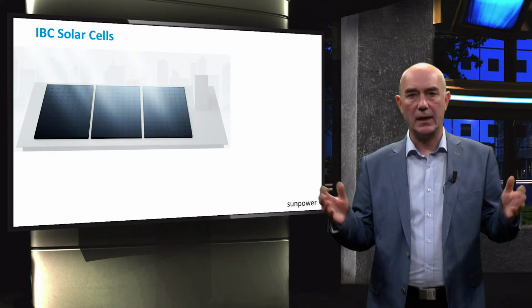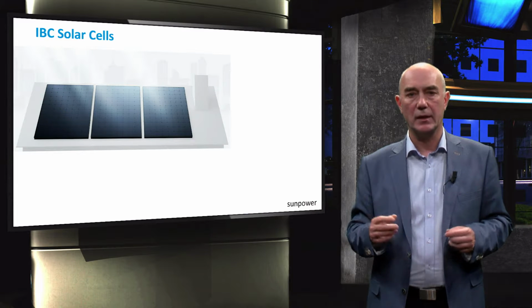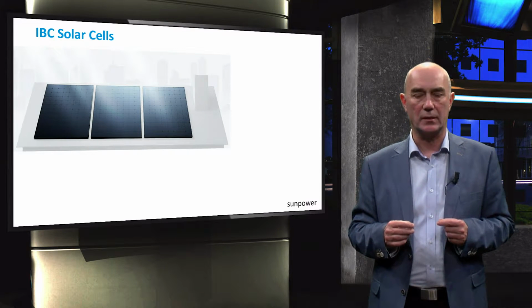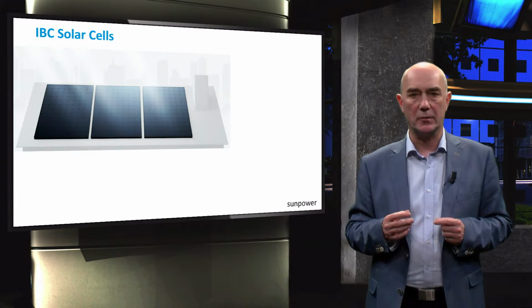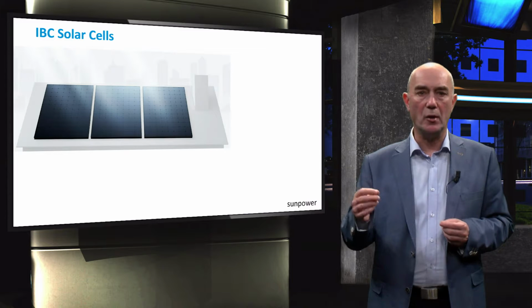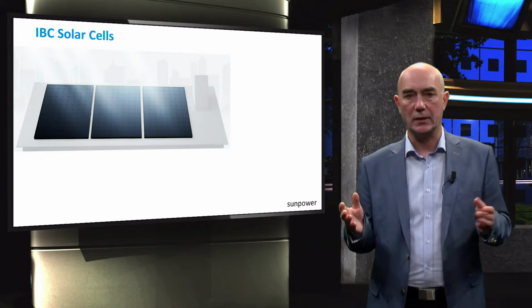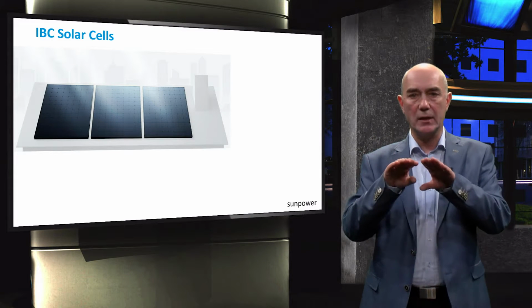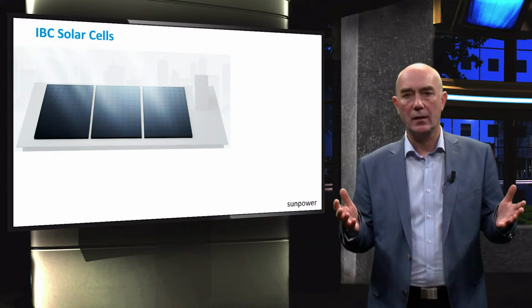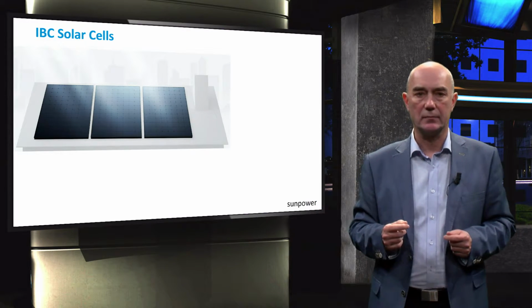One way designers are getting around this issue is to use interdigitated back-contacted solar cells, or IBC solar cells. In these cells, there is absolutely no front shading from metallization, since there is no metal grid at the front of the solar cell. You may ask, how do they collect the carriers?